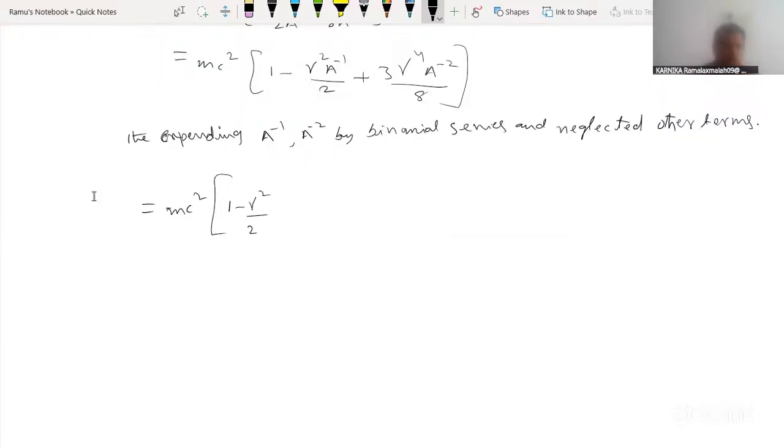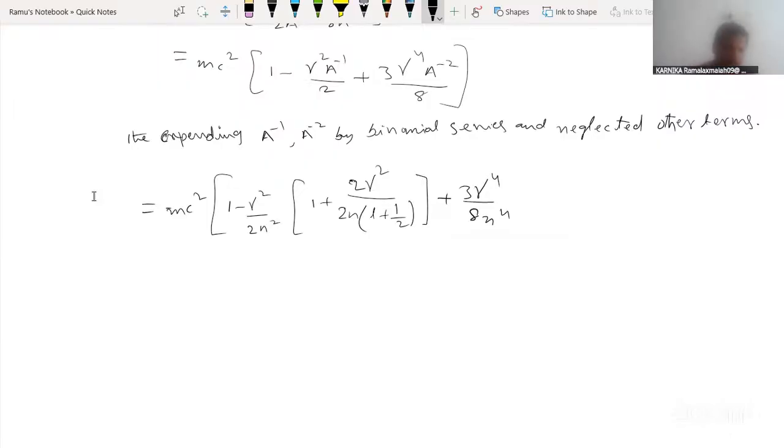1 minus gamma squared by 2n squared, 1 plus 2 gamma squared by 2n into l plus 1 by 2, plus 3 gamma to the power of 4 by 8n to the power of 4.